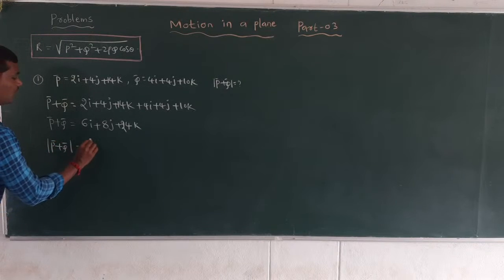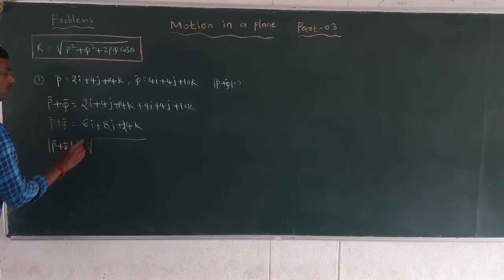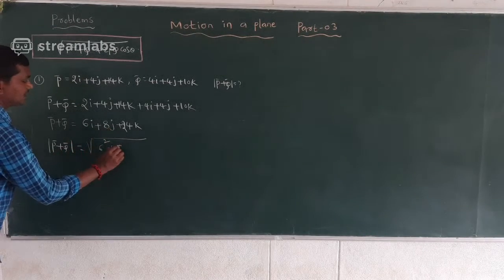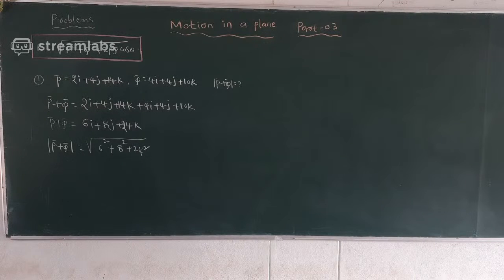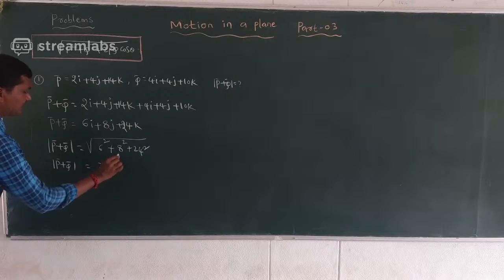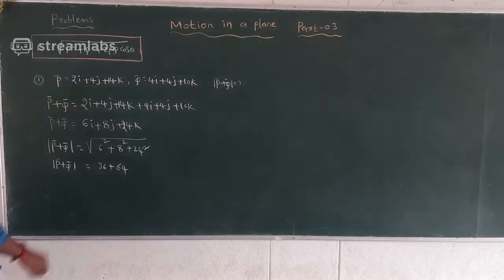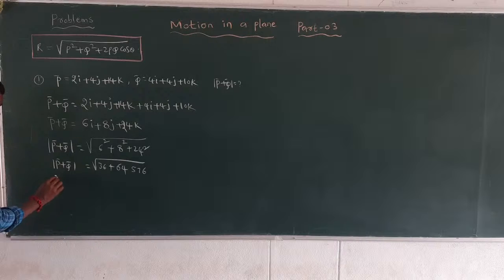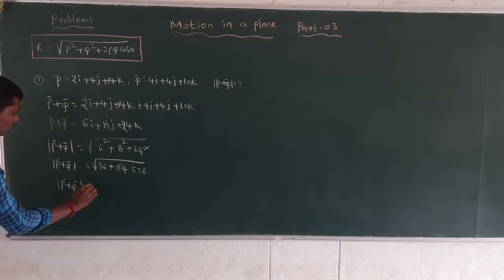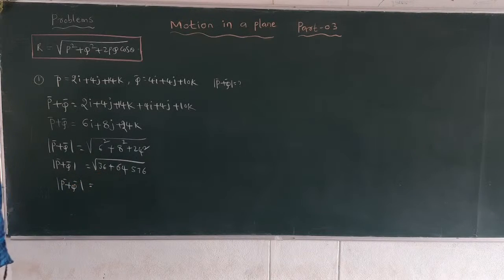bar is equal to under root of, where the i coefficient will be 6 square plus 8 square plus 14 square. 6 square means 36, plus 8 square 64, plus 14 square, we can write 196. So mod of P bar plus Q bar is equal to 36 plus 64, we can write 100, plus 196.